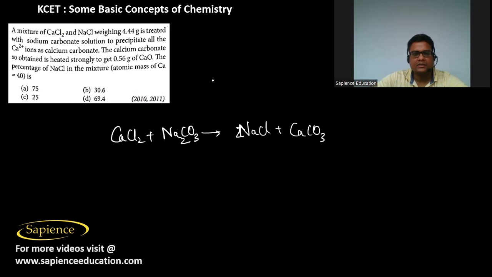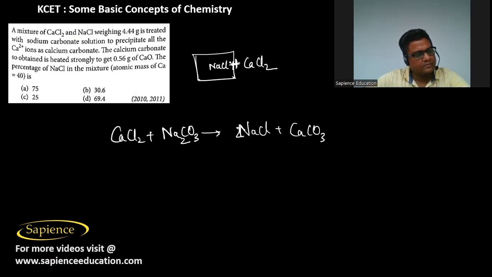The percentage of NaCl in the mixture. So here we have a mixture of NaCl plus CaCl2. Let's say we have X gram of NaCl, and the net weight of the mixture is 4.44 grams. So the amount of CaCl2 is 4.44 minus X gram.